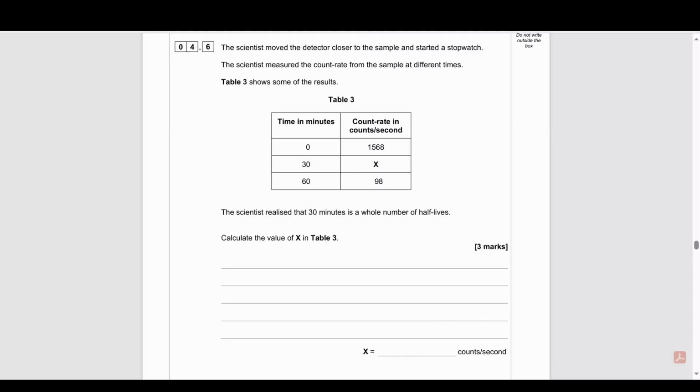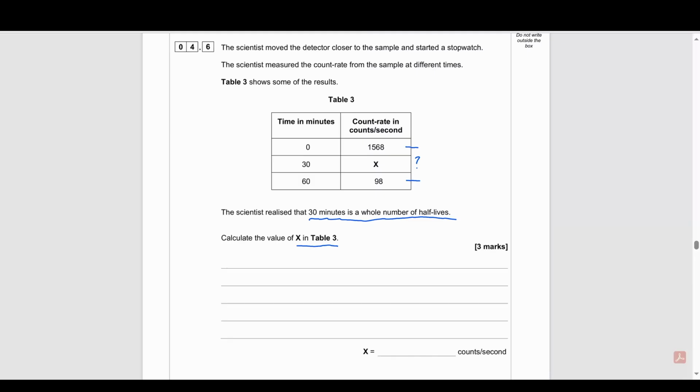At 0 minutes is 1,568. At 30 minutes we don't know, so x. And at 60 minutes, an hour, is 98 counts per second. The scientists realized that 30 minutes is a whole number of half-lives. Calculate the value of x in Table 3.